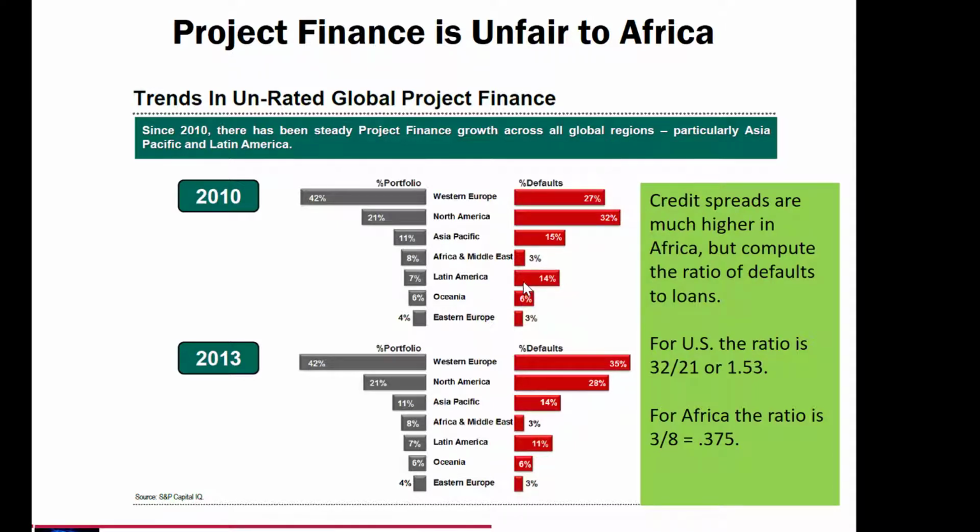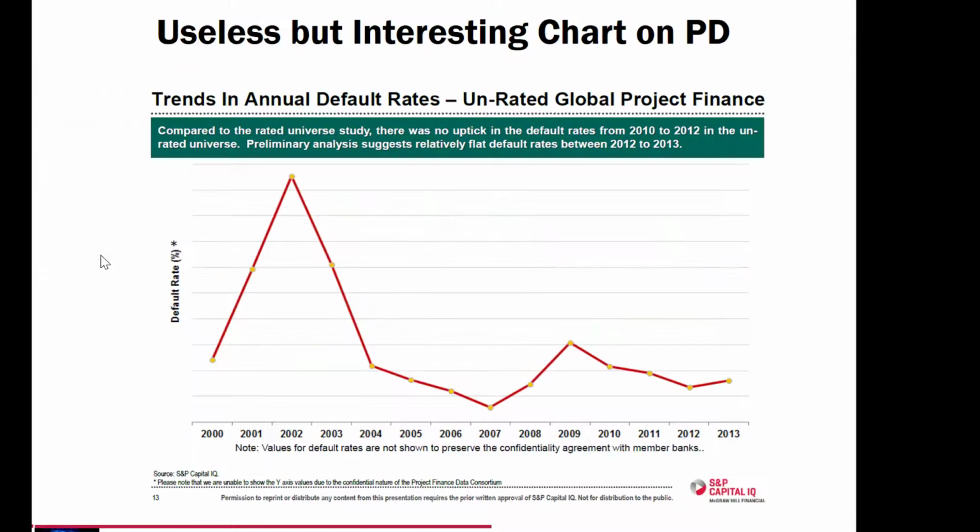Latin America doesn't look so good. Europe looks better. What kind of crap is this? If you take this ratio for the U.S., defaults divided by the portfolio, look how much lower it is for Africa. I know that's not a great sample, but it just shows you how unfair life is.